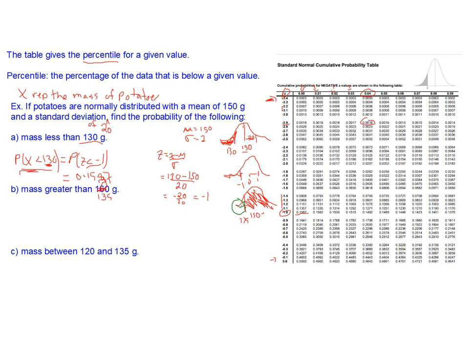So let's work through that process. The probability that x is greater than 135 is equal to 1 minus the probability that x is less than 135.